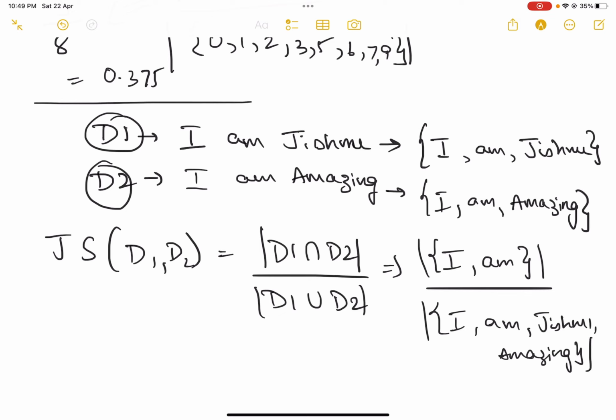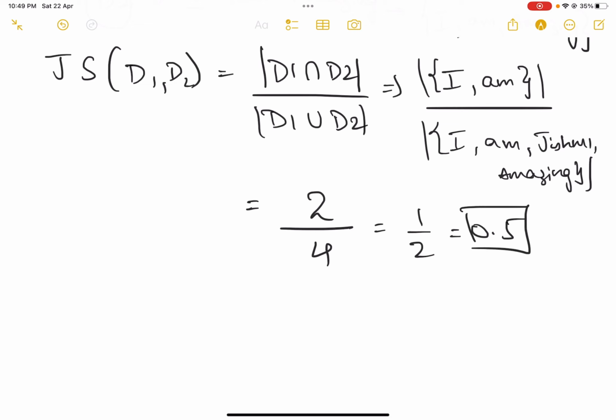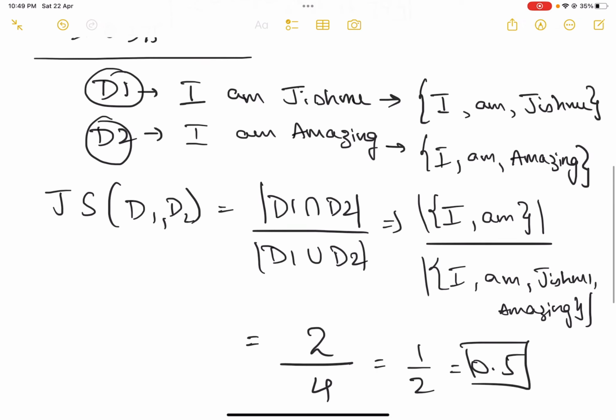So what would that be now? The numerator is 2, and the denominator has 1, 2, 3, 4, so 4. It is equal to 1 by 2, which is 0.5. So the Jaccard similarity score between document 1 and document 2 is 0.5. This is how you calculate the Jaccard similarity between two documents or two sets.